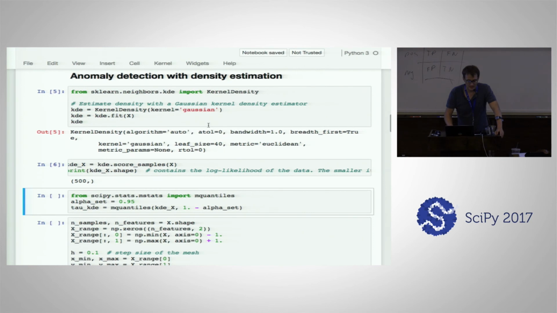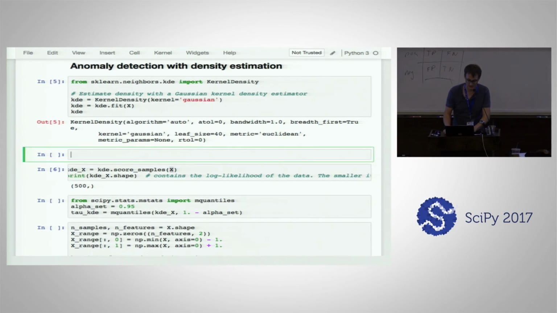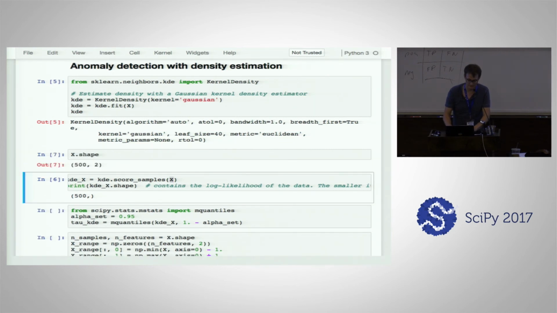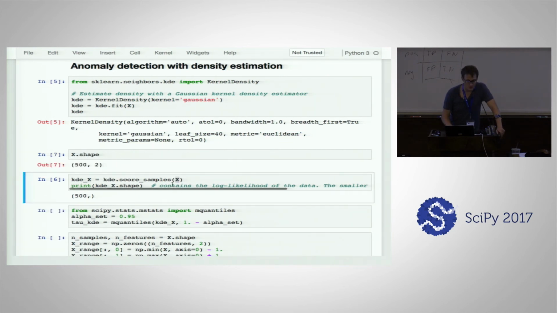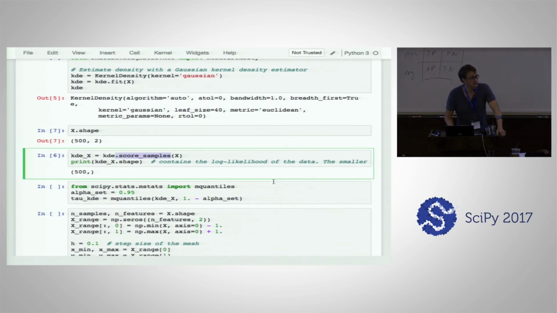This is exactly what you see here. My X was 500 by 2, and if I do score_samples, I get 500 values. score_samples contains the log likelihood of the data, so the log of the probability of observing this sample under the density estimated during the fit.